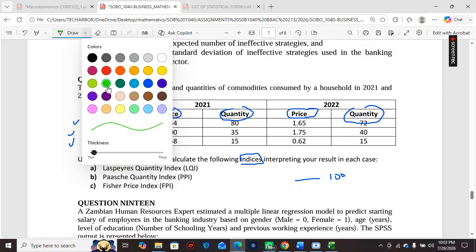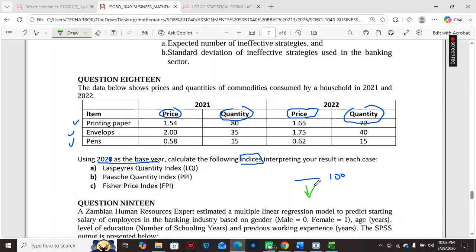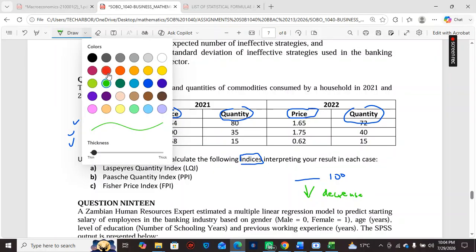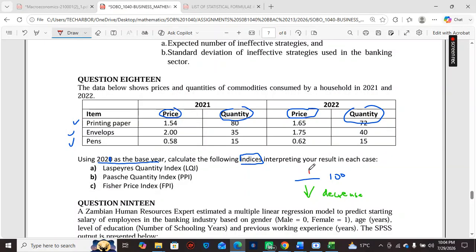Any index number below 100 means there is a decrease, either in quantity or price, depending on which index you are using. Any number above 100 represents an increase. This is how it is with base numbers. 100 is your point of reference.